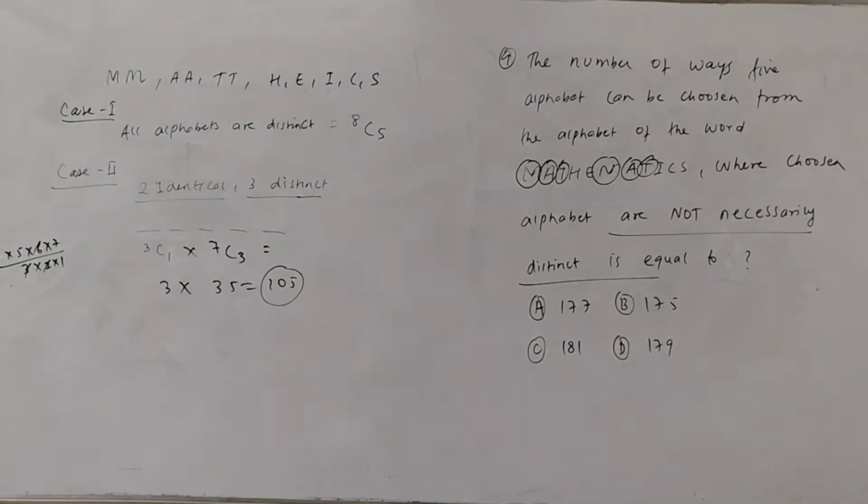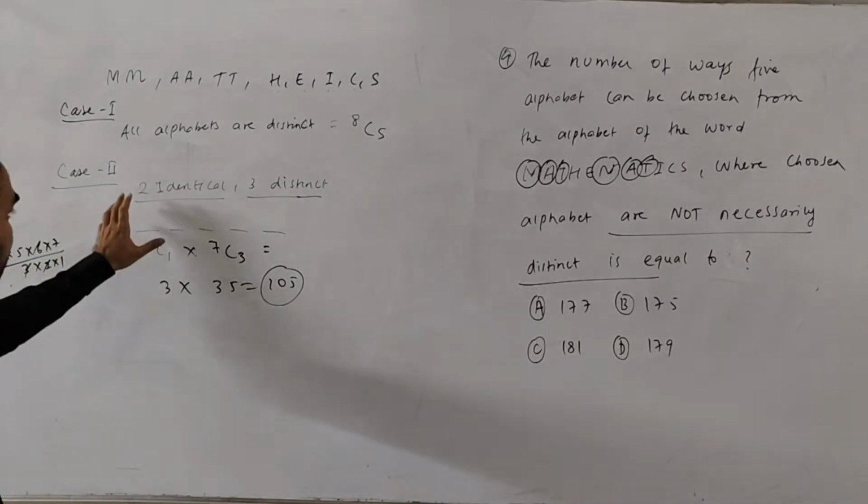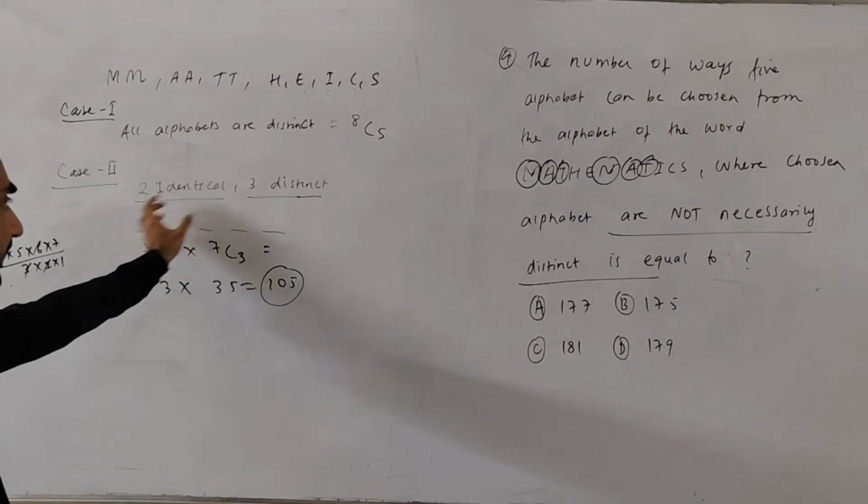This will come 105. Correct? Now this is 2 identical, means these 2 are identical and 3 are distinct.